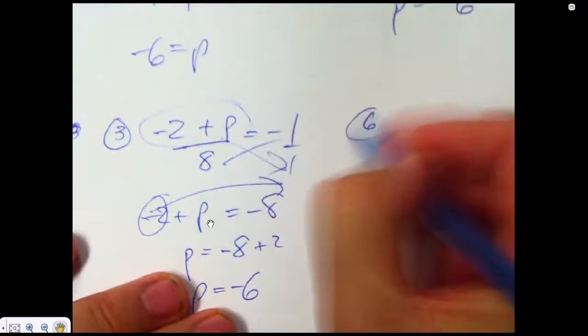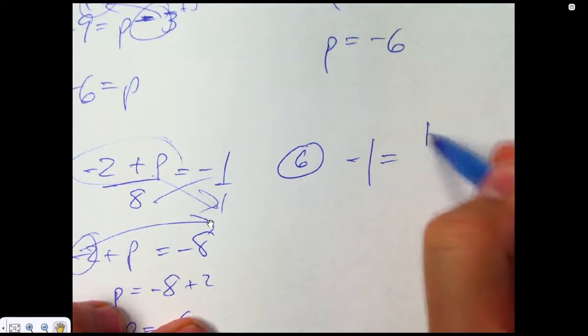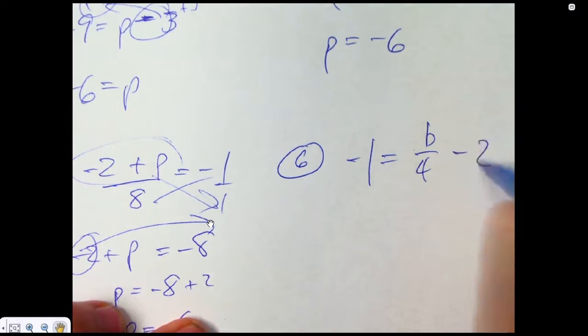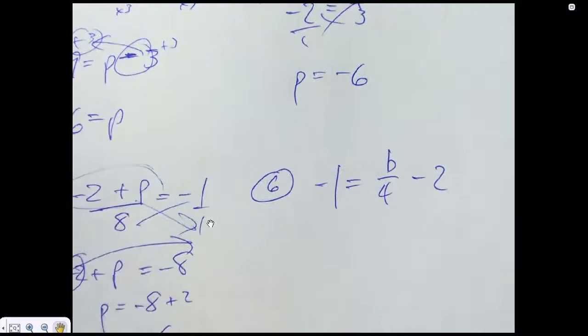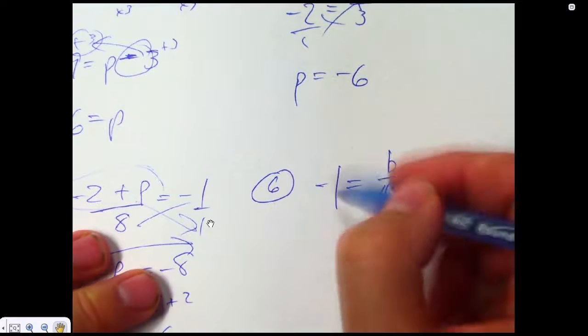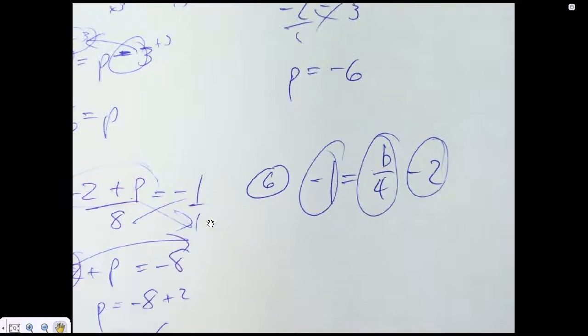And then I threw number 6 on here. That just looked like it might be a little goofy looking for some people. So let's see what we can do there. It's really similar to number 2. And again, you got choices. I would look at it, and I'm going to multiply everything in there by 4 right away. Multiply that by 4, multiply that by 4, multiply that by 4, and then I won't have any more fractions.